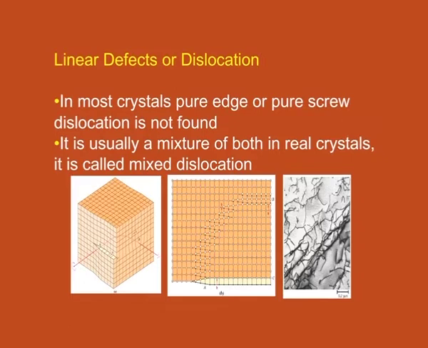Now, this particular property affects the electrical conductivity of a material, and if the material is a semiconductor, then we can understand the electrical property of the semiconductor on the basis of the two types of dislocation that we discussed.